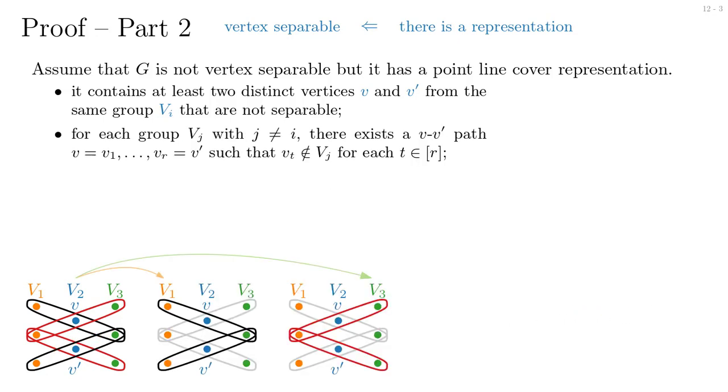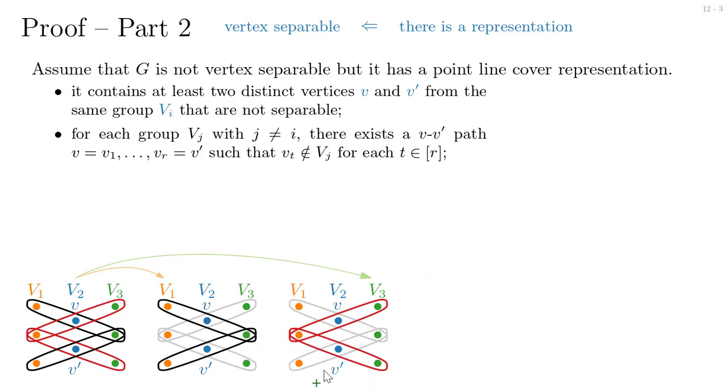Then, for each group, except for the one to which our vertices belong, there exists a path such that each vertex in this path does not go through this group. In our example, for the group V1, there exists a path between V and V' that goes only through the third group.